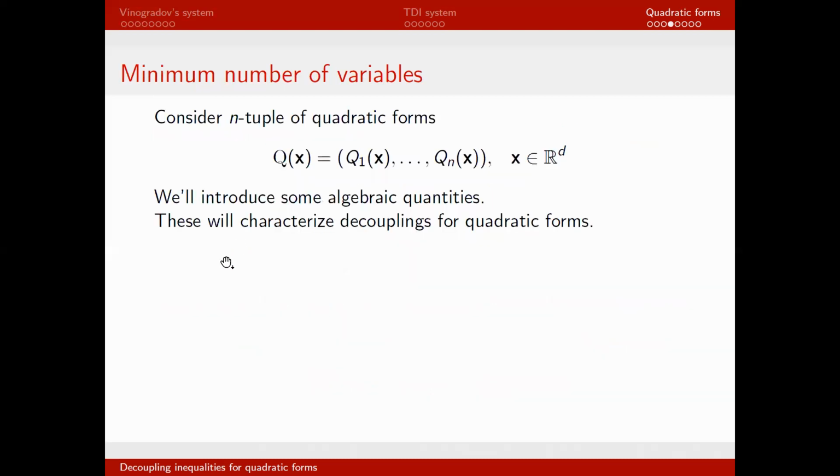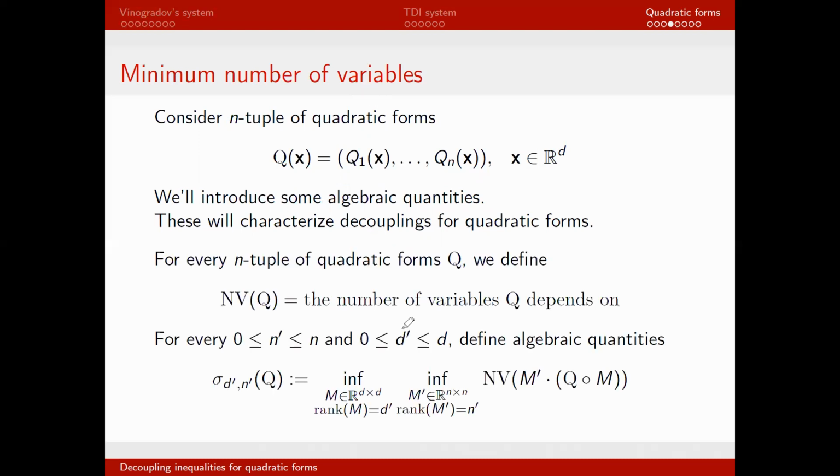So now let's look at general cases. This is our quadratic forms. Here Qi is quadratic. And what we are going to do is to introduce some algebraic quantities. And these quantities will characterize decoupling inequalities. So this is the definition. We have quadratic forms Q, and we define the number of variables that our quadratic form depends on.